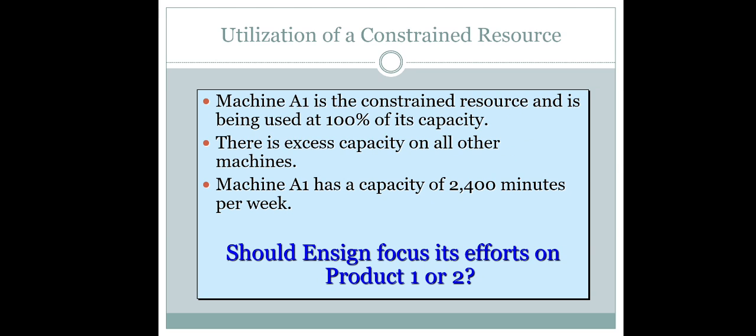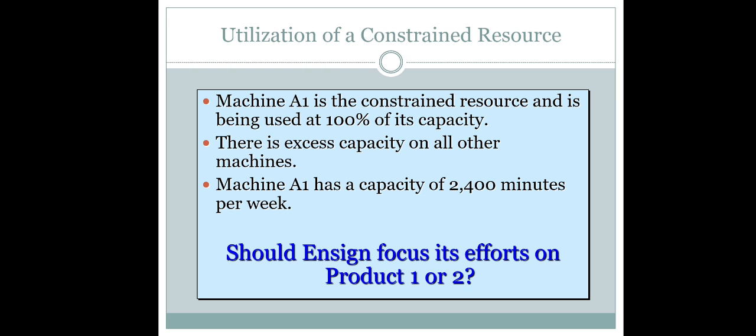Okay, the question is, should this company focus its effort on product 1 or product 2? If you can remember, product 1 has a higher contribution margin per unit compared to product 2. So if you do not do an analysis, most of the time people will say that it is more profitable to use the machine to produce all product 1 first.